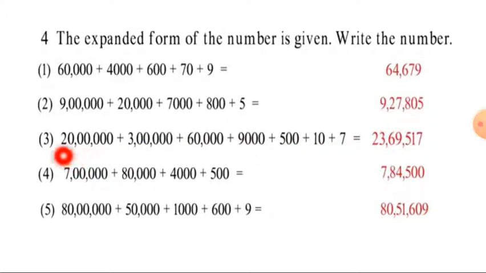Now the next sum is 20 lakh plus 3 lakh plus 60,000 plus 9,000 plus 500 plus 10 plus 7. So here 20 lakh and 3 lakh is written. So we cannot write 20 lakh different and 3 lakh different. As I have said, you have to read both values together, ten lakh and lakh. So if we write in standard form, it will be 23 lakh, then 69,500 and 17.